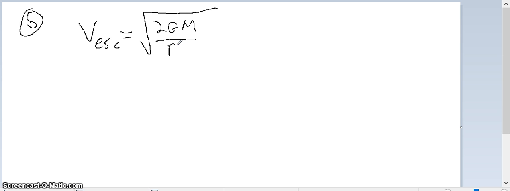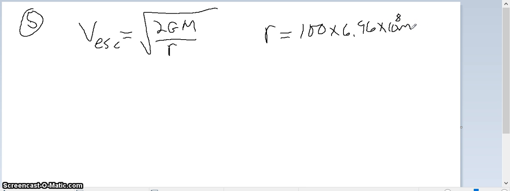All right. So they give you that R in this equation, R is 100 times the radius of the sun, right? And so that's 100 times 6.96 times 10 to the 8th meters.